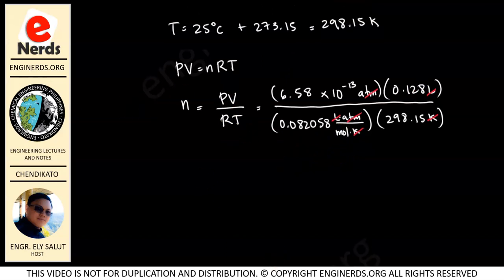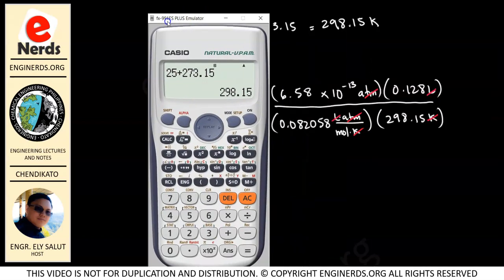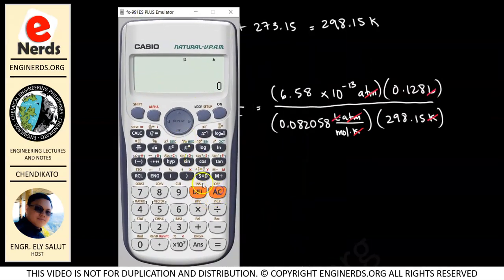So let us now calculate for our value. So we have 6.58 times 10 to the negative 13, times 0.128, divided by 0.082058, divided by 298.15.